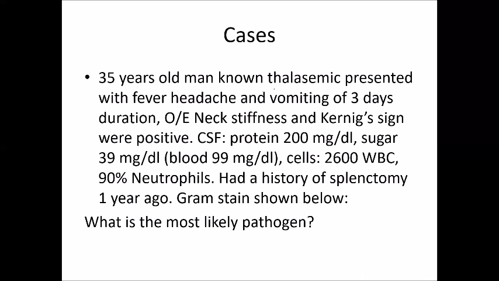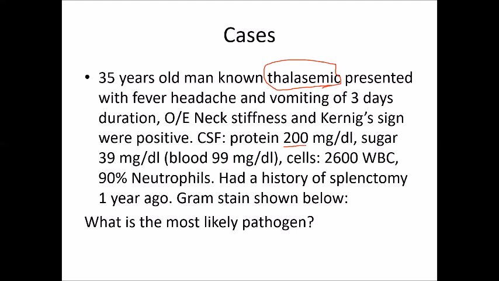In this slide, a 35-year-old man with thalassemia also presented with fever, headache, and vomiting of 3 days duration, with signs of meningeal irritation. His CSF protein was 200, which was very high.